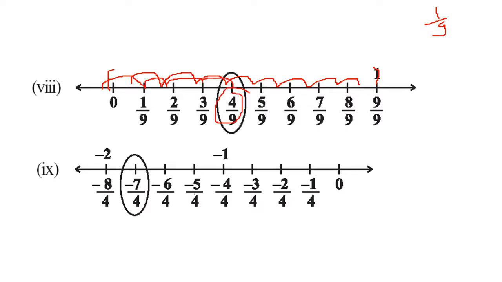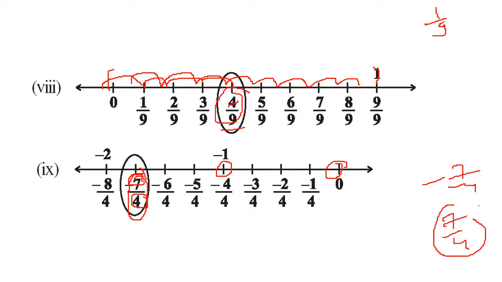And when you want to represent minus 7 by 4, for that you have to start with 0. You have to go up to minus 1 because this number is higher than here. There the magnitude of the numerator was lower than the denominator. In this minus 7 by 4, because we have already gone to the left, we take only 7 by 4.